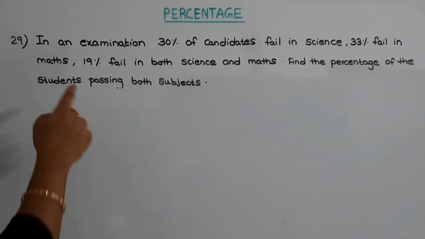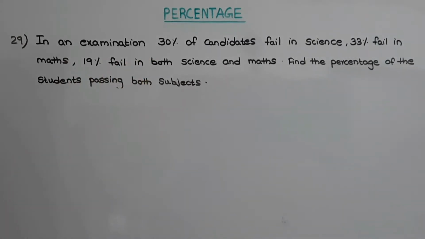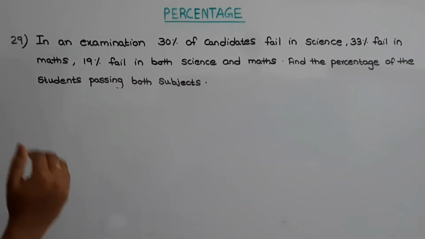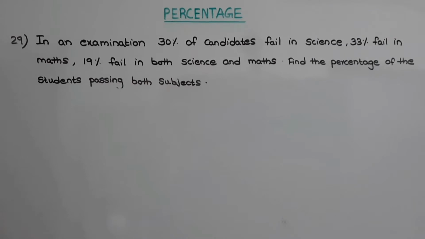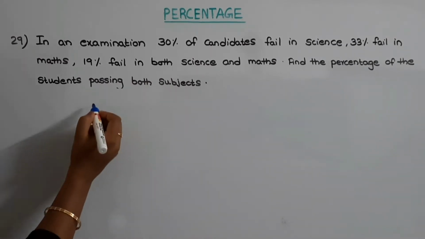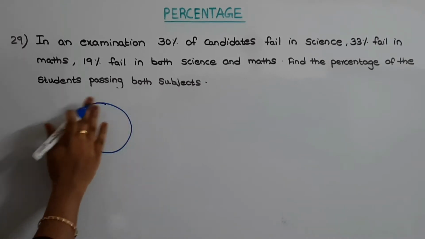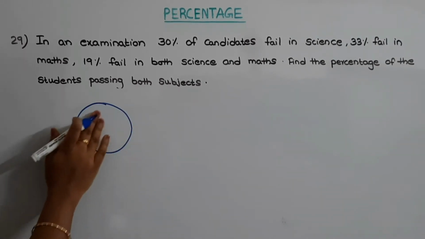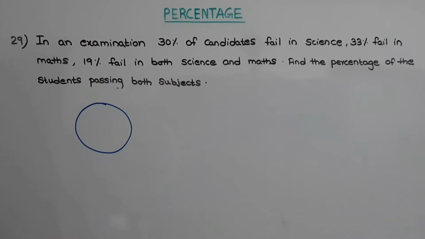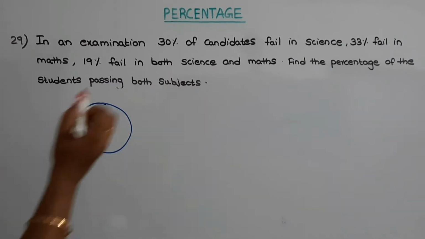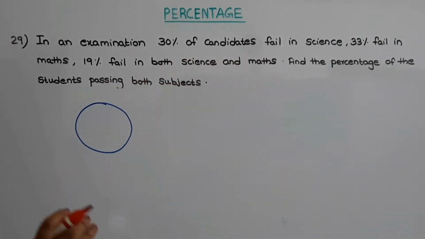Here they have given the values in terms of percentage. So let us consider the total number of students who appeared the exam as 100. Now they are telling that 30% of the candidates fail in science.